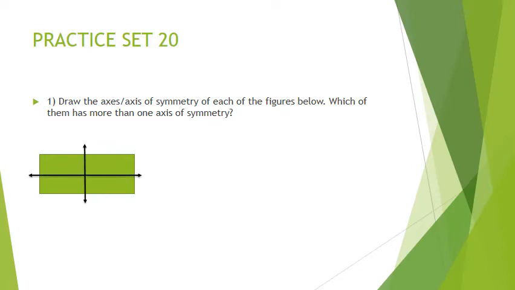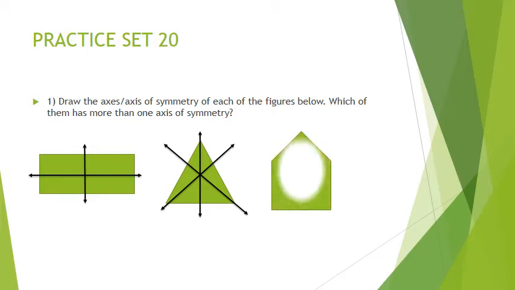The rectangle has two axes of symmetry. The triangle has 1, 2, 3. Yes, 3 axes of symmetry.